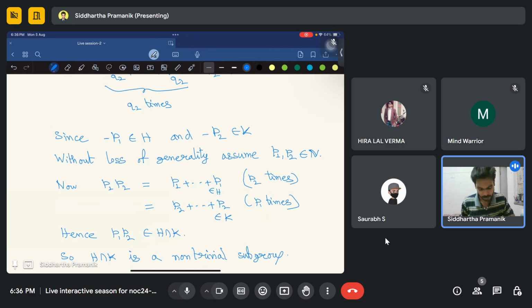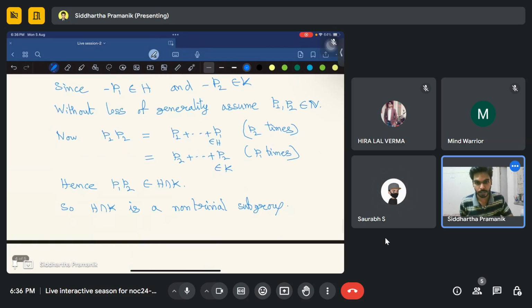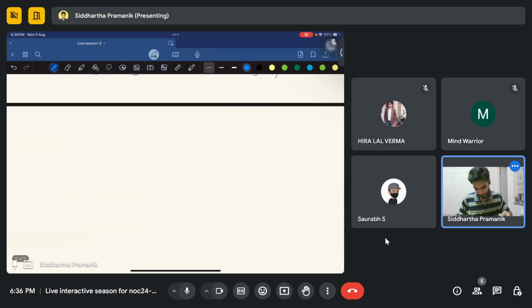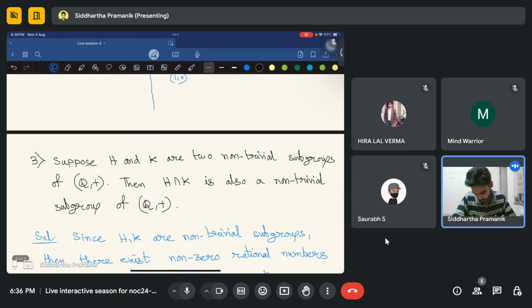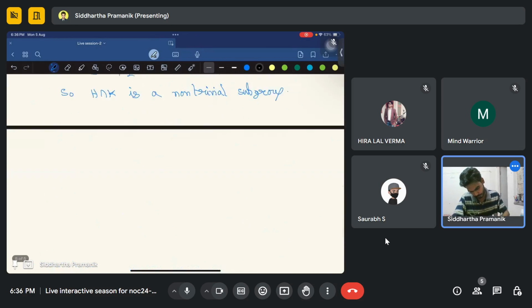Okay, now let's do one more problem about subgroups. So I guess this is problem number 4. So we all know about the group GL2R, right? Because it was introduced in the first week itself, I think.